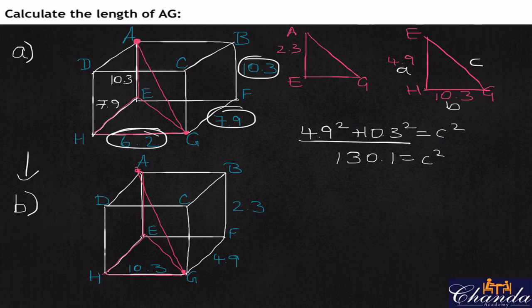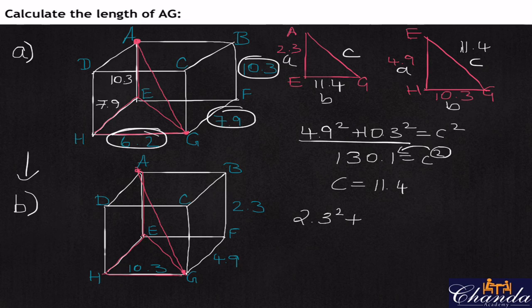Taking the square root to the other side, we have C is equal to the square root of 130.1, which gives us 11.4 approximately. Okay, so that is 11.4. So again, we call it A, call it B, and call it C. So 2.3 squared plus 11.4 squared is equal to C squared. 2.3 squared plus 11.4 squared gives me 135.25, let's call it 135.3, is equal to C squared.